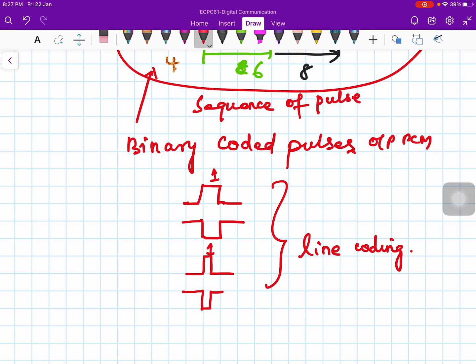Okay, so pulse code modulation is conceptually a very simple process.